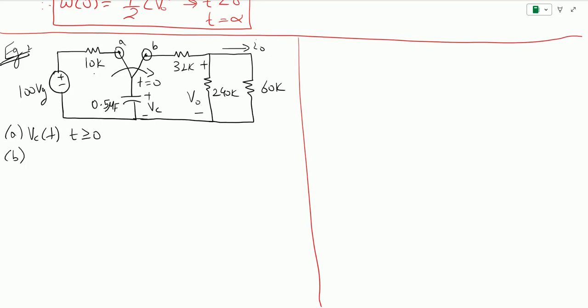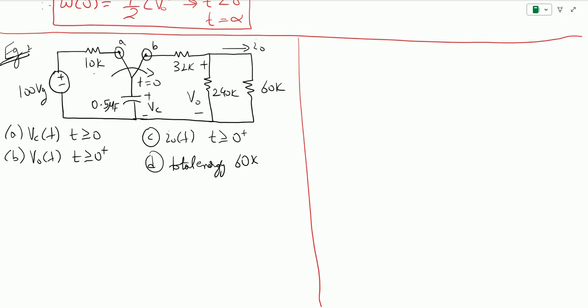Then we need to find v naught(t) when time is greater than 0 plus. Then we need to find i naught(t) when time is greater than 0 plus, and finally we need to find the total energy dissipated in the 60K resistor.